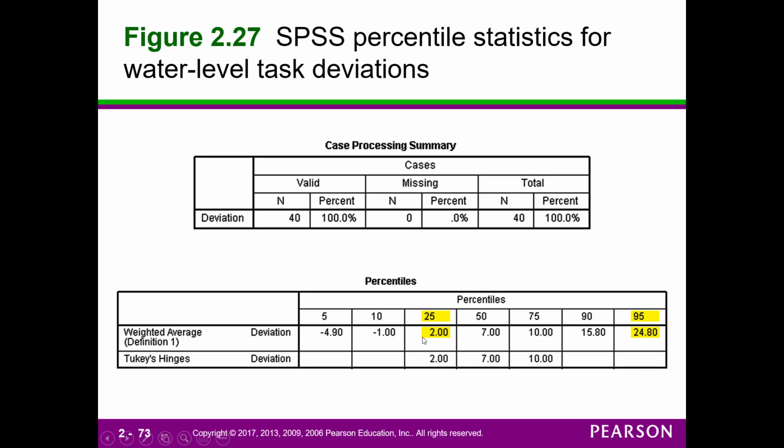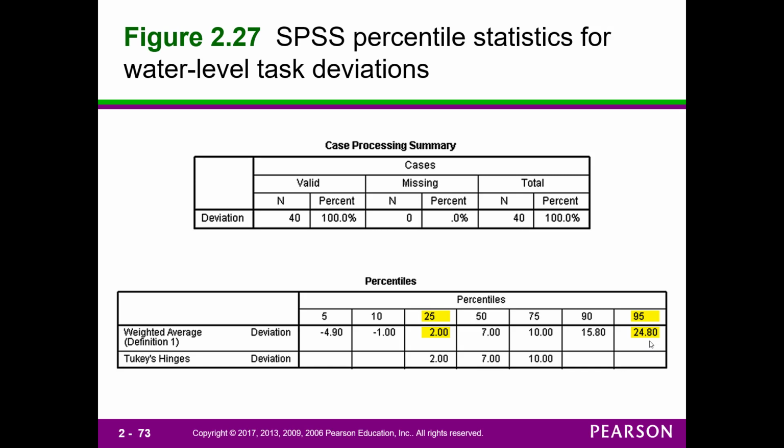Both the 25th percentile and the 95th percentile are highlighted on the SPSS printout. The values in question are 2 and 24.8, respectively.